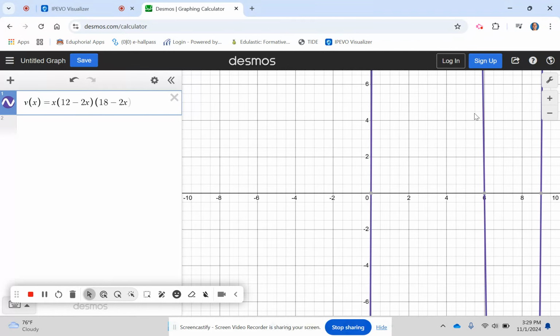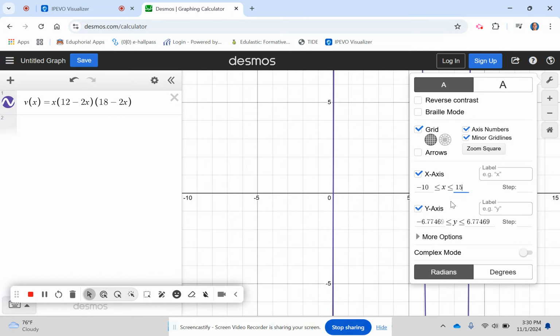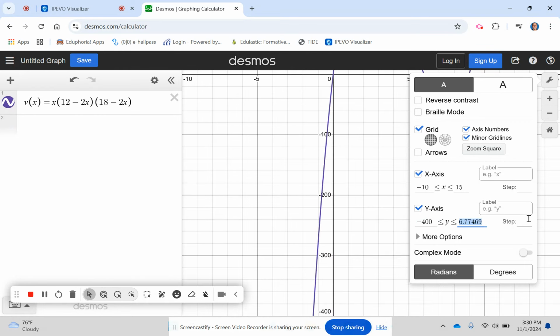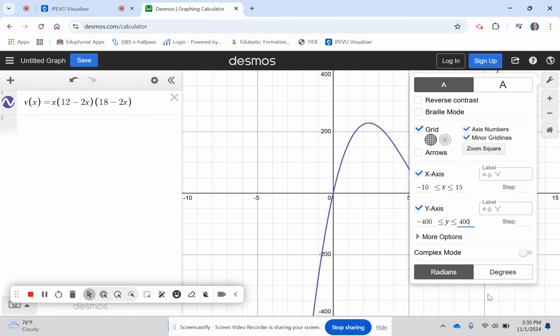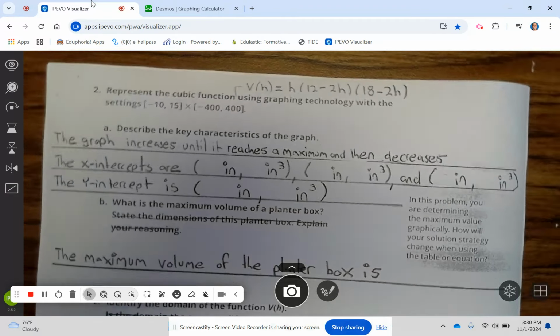And we're going to adjust our window to -10 to 15 and -400 to 400. Go ahead and adjust your window.